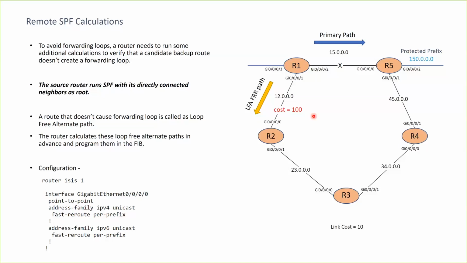Okay, two things. We'll come to that, but just getting ahead one slide: R1 knows the primary path. Because you have enabled local LFA through configuration, it will run SPF with its directly connected neighbors as root and see if there is a local LFA available. If it is available, it will pre-program that in hardware, like a backup path.